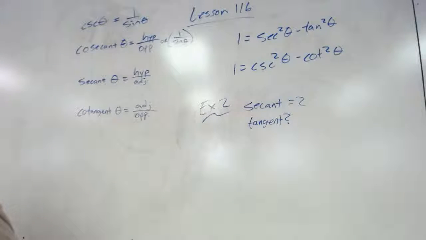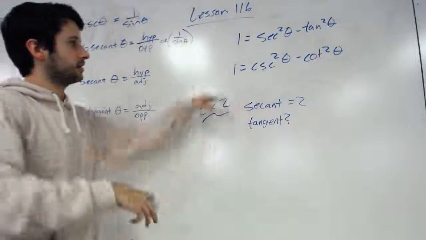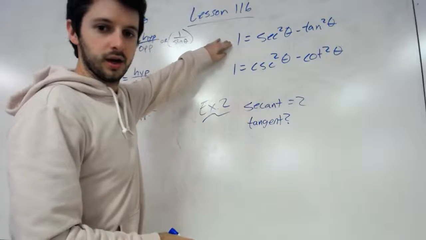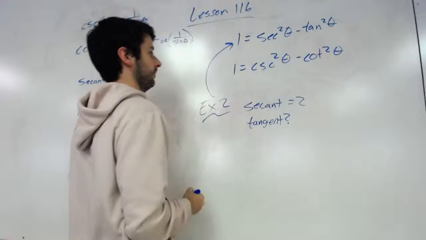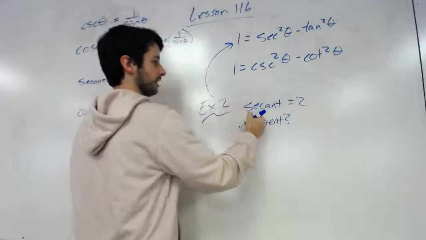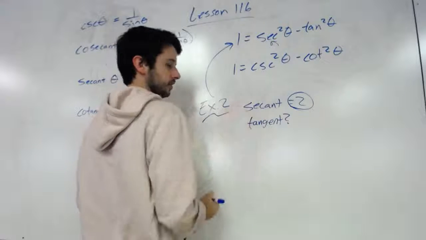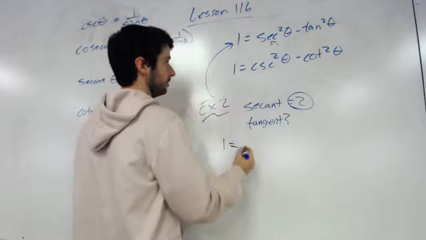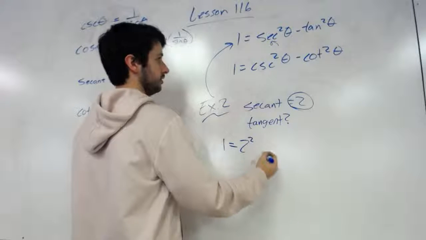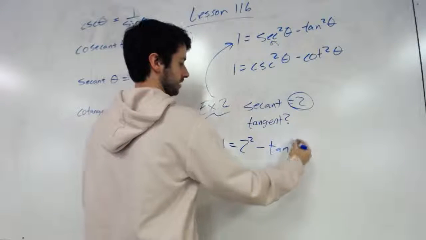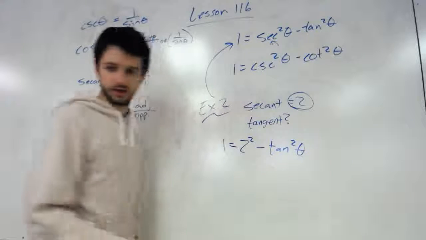So what we can do is simply plug into our identity here. If we know that secant is 2, we can substitute that in for the secant right there. So we can say 1 equals 2 squared minus tangent squared theta.